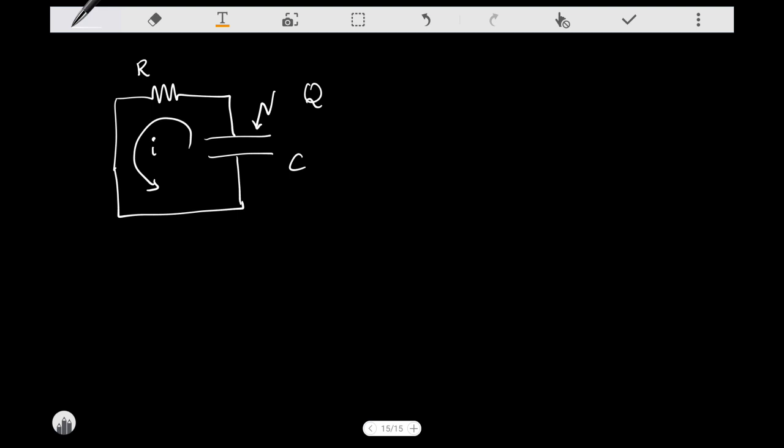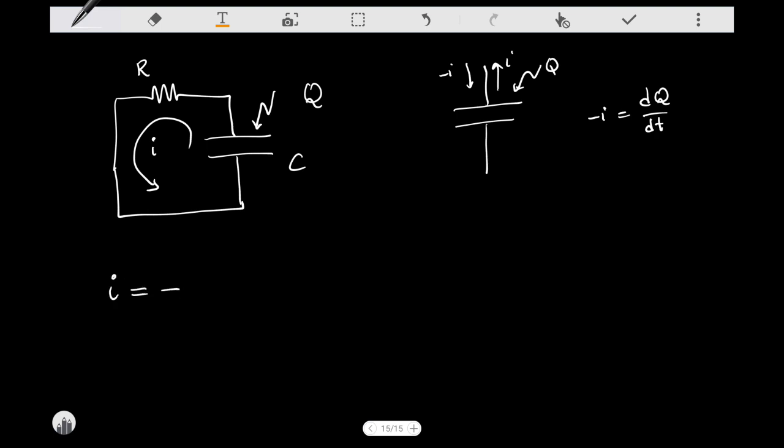So that's why I have chosen it. In that case, you can see that the current is leaving the upper plate. So that's the charge in here. Therefore, minus I is the current that feeds that plate, so minus I is equal to the rate of change of that charge. So as a result, our first relationship is I equals minus dQ over dt.